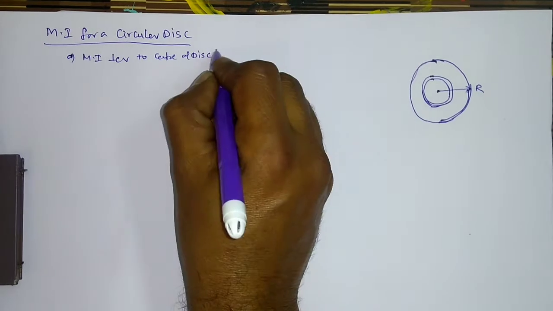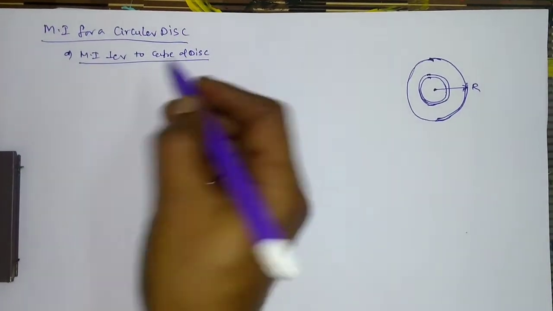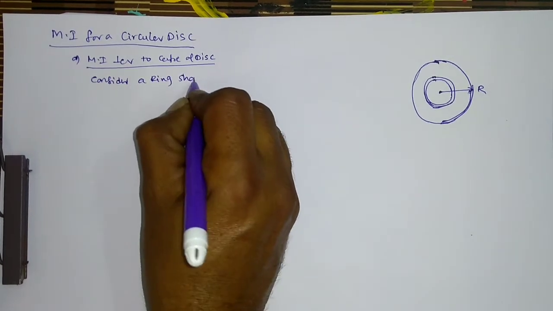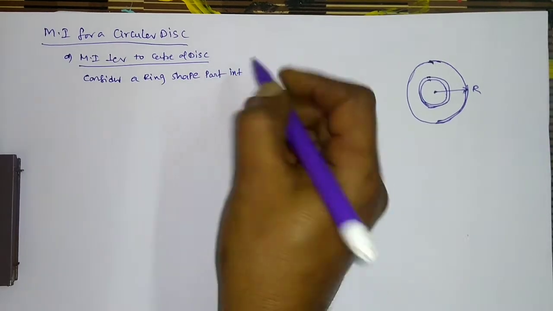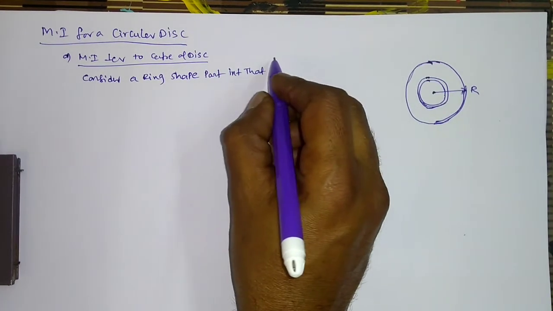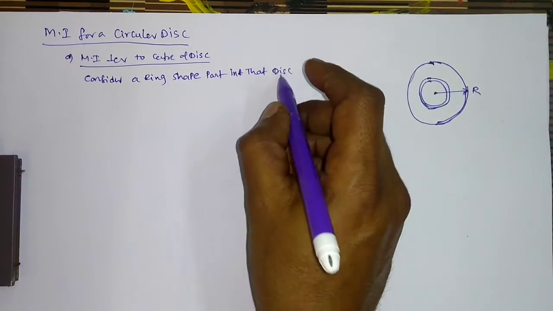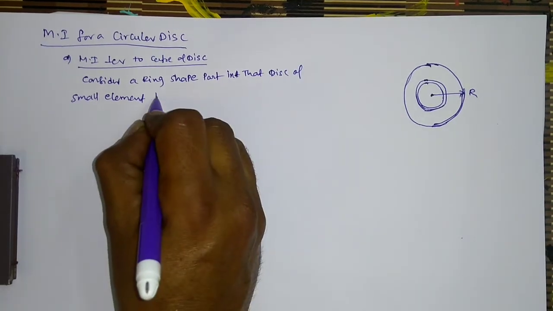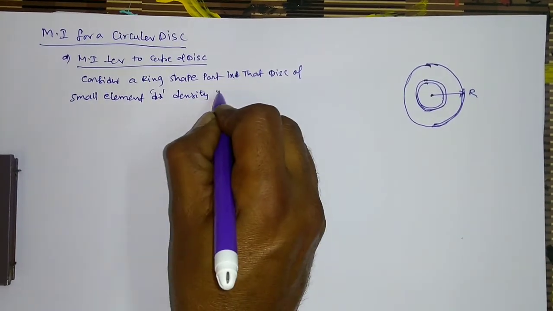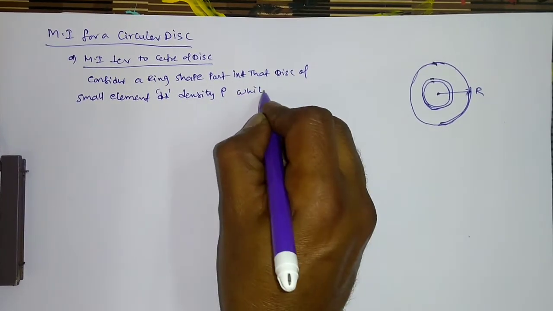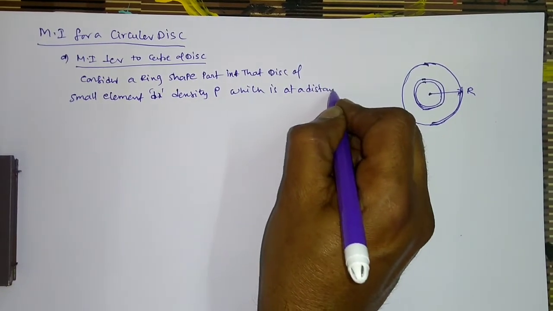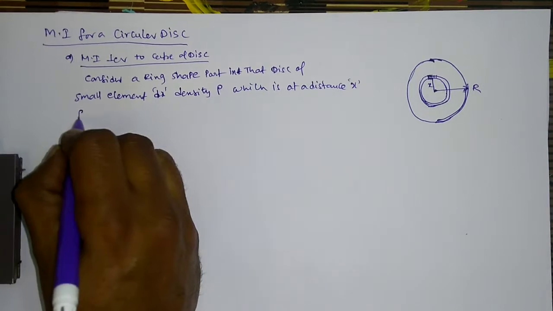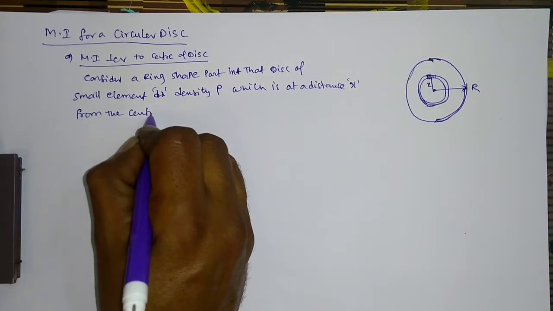For this explanation, consider a ring shape part in that disc, a small element as usual, dx, and the density is rho, which is at a distance x from the center of the disc.